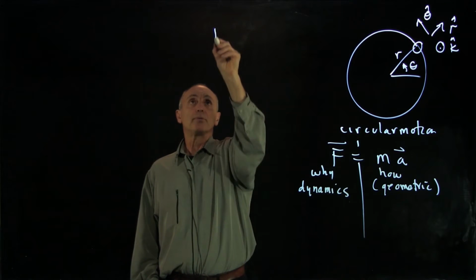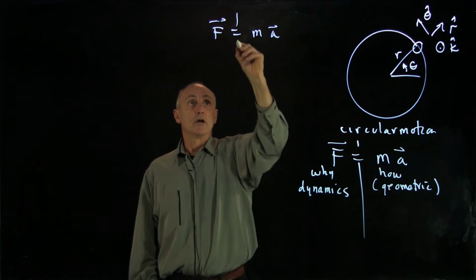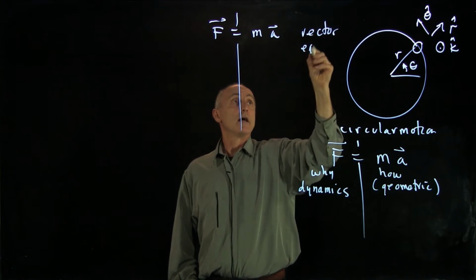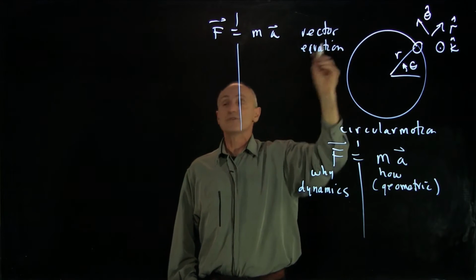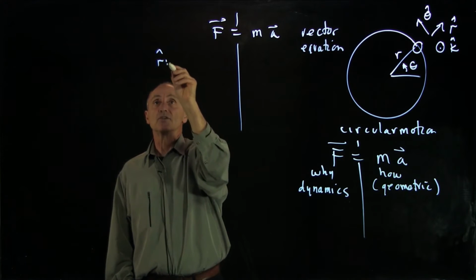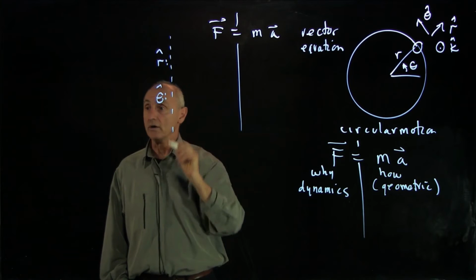So when we're applying this mathematically to circular motion, F equals ma, this is a vector equation. And so what we need to do is think about each component separately. Sometimes I can just distinguish the components that I'm talking about over here.